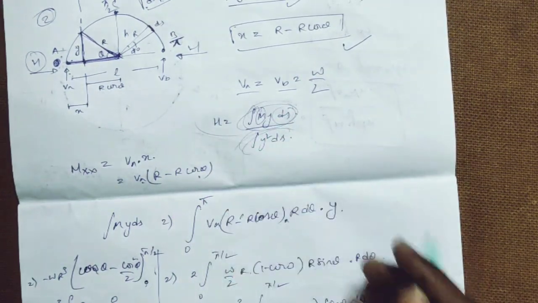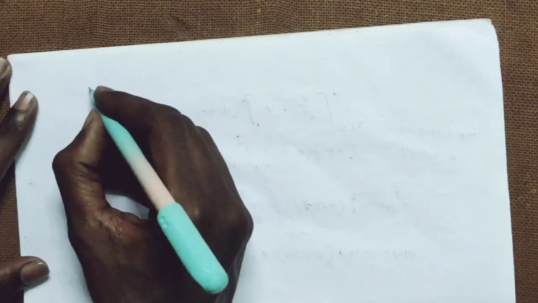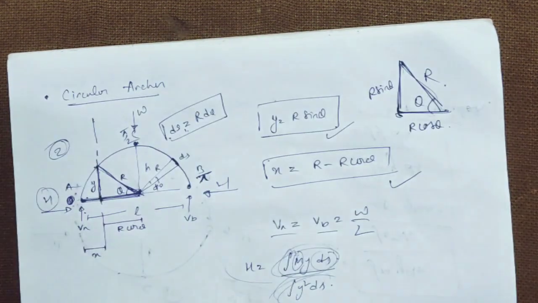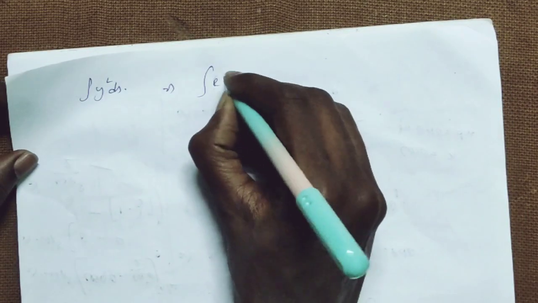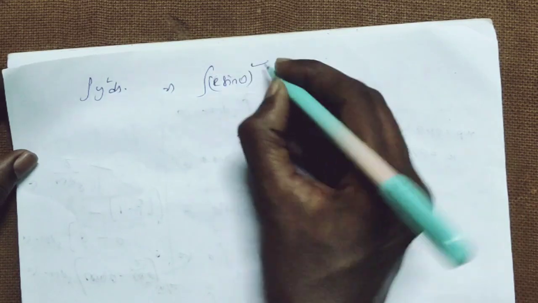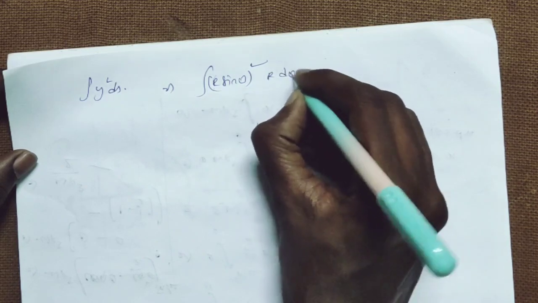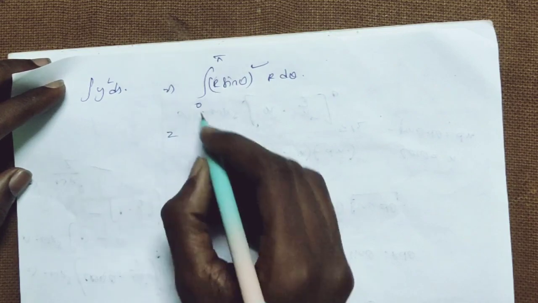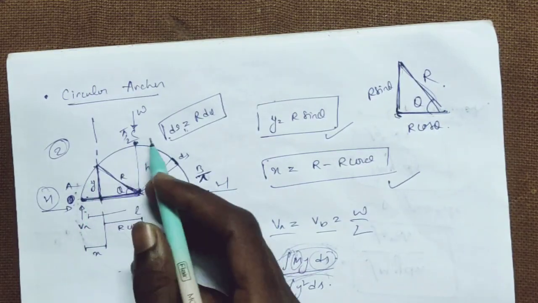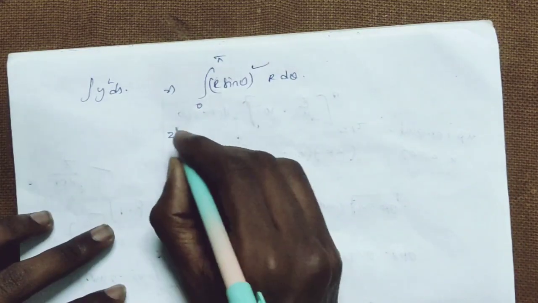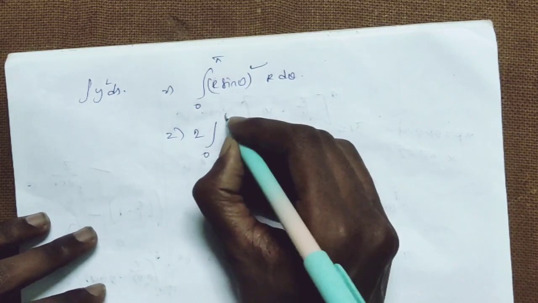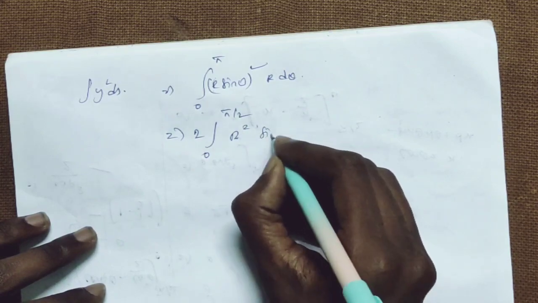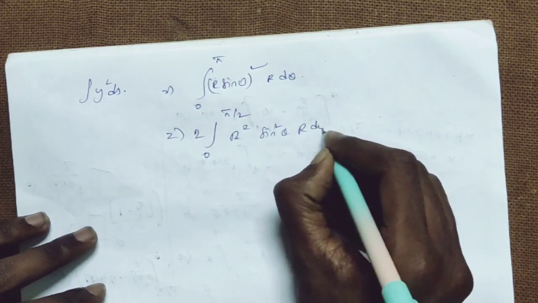Now we have to do the denominator section, that is the integration of y square ds. As we know, y is equal to r sin theta whole square, and ds means r d theta. We integrate from 0 to pi, and as it is symmetric, we can do 2 times 0 to pi by 2 of r square sin square theta r d theta.